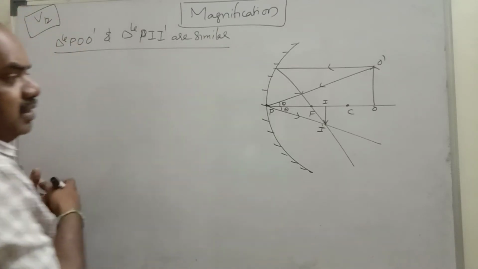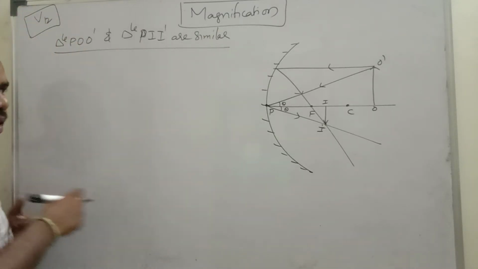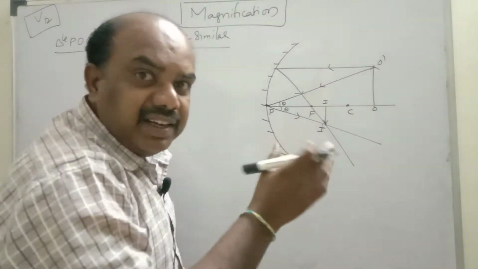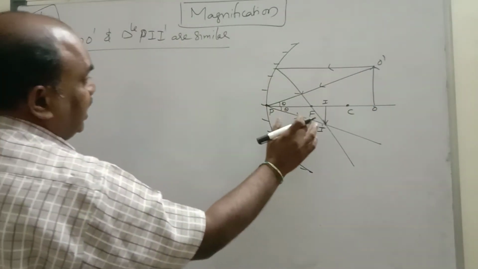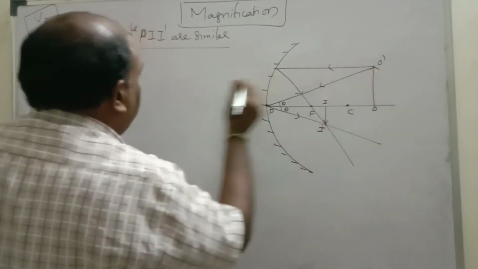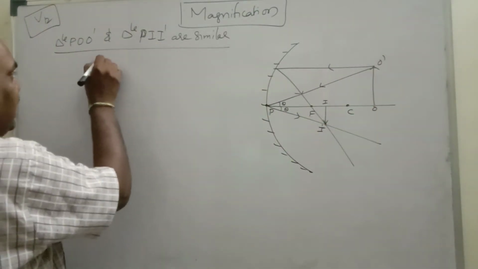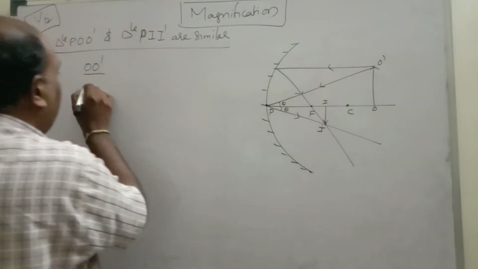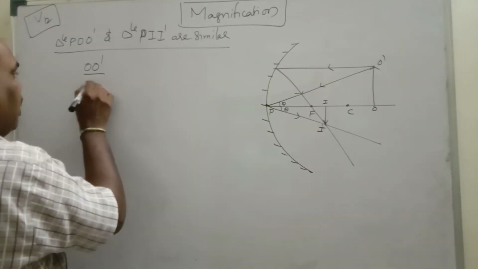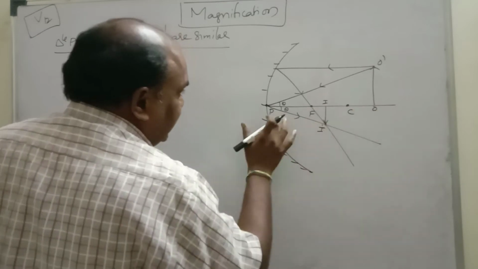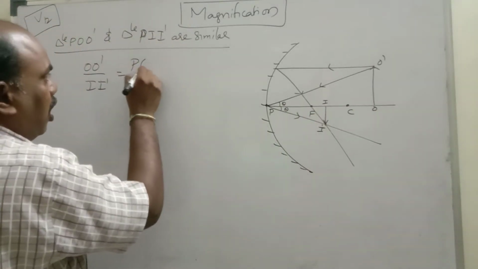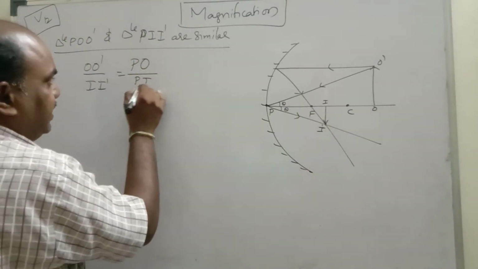When two triangles are similar, their heights ratio is equal to their distances ratio. What is the height of the first triangle? First triangle O dash by second triangle height I dash is equal to the first triangle distance from the pole to object by pole to image.